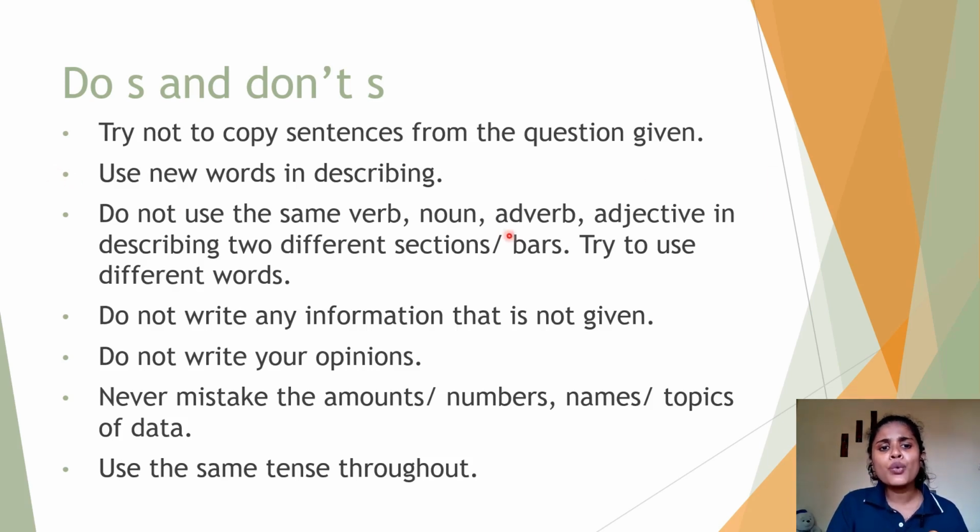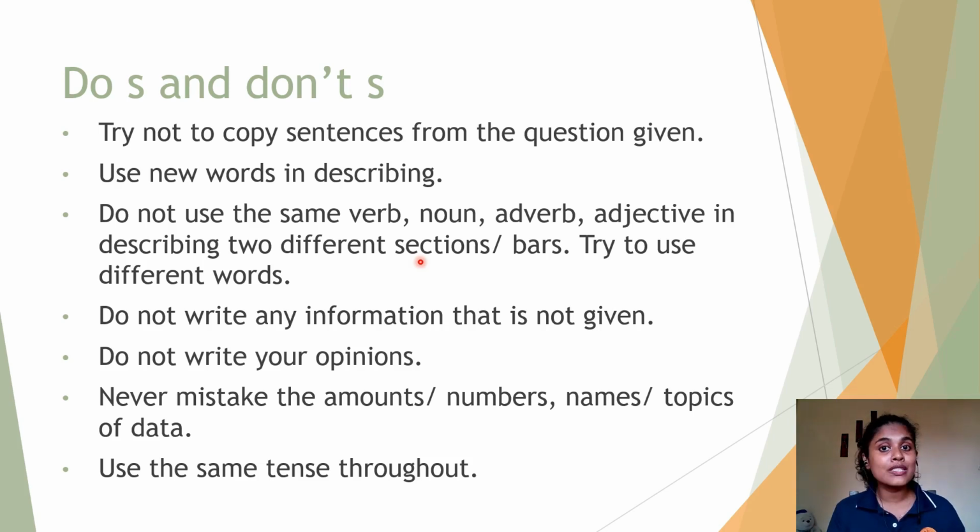Also, we have to use new words in describing, and the second and third points represent the same thing. Do not use the same verb, noun, adverb or adjective in describing 2 different sections or bars. Try to use different words, because, as I said earlier, we should ensure that the examiner marking our paper is interested in reading. When he or she is going through our answer, he or she should be interested, because the vocabulary we have used is interesting.